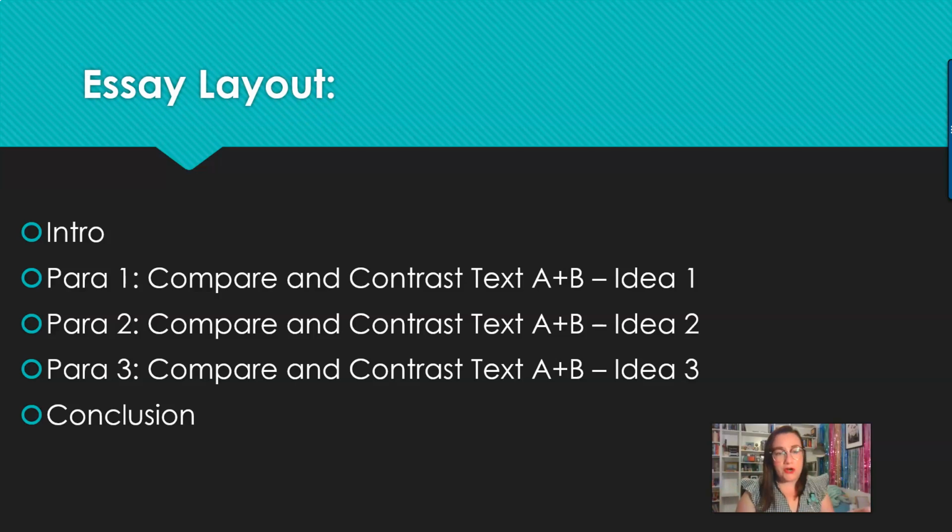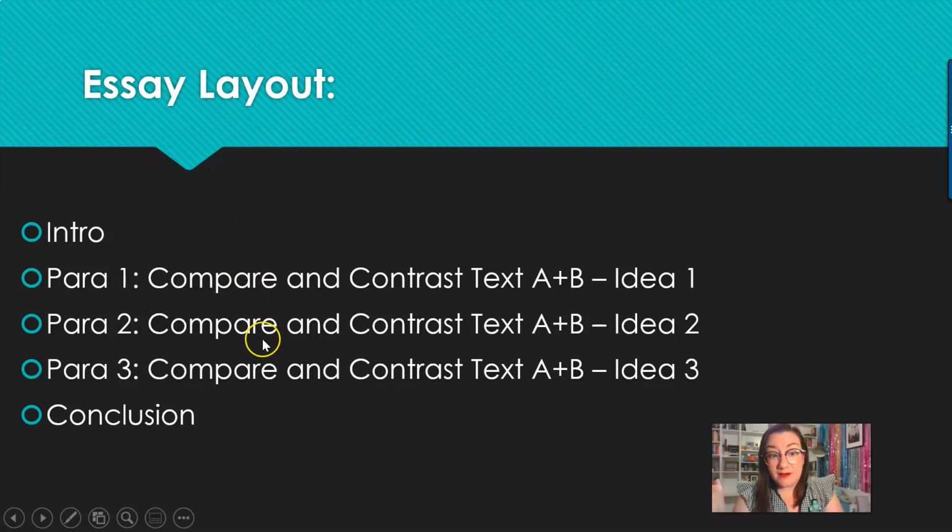You've got your intro, and then you've got para 1, para 2, para 3. So you've got 3 paragraphs. In each of these paragraphs, you are going to talk about both texts, and you're going to provide evidence and explanations for both texts. In para 1, you're going to compare and contrast text A, which can be either Macbeth or All About Eve, it doesn't matter, and text B with the first idea.